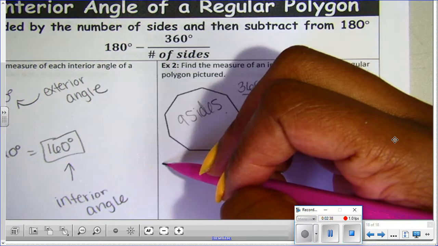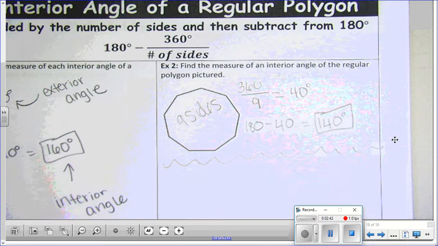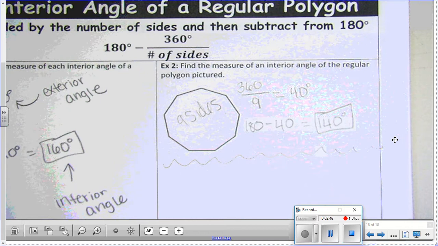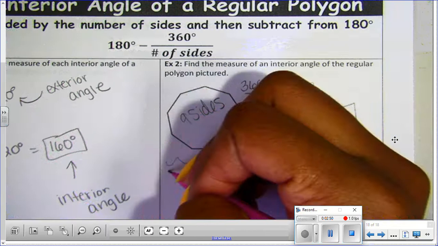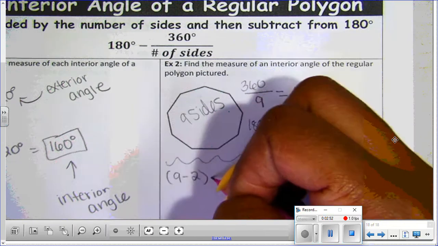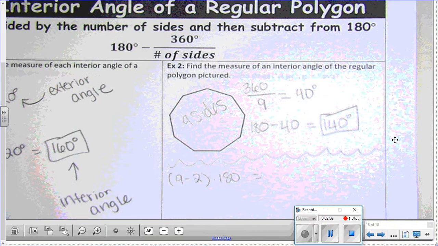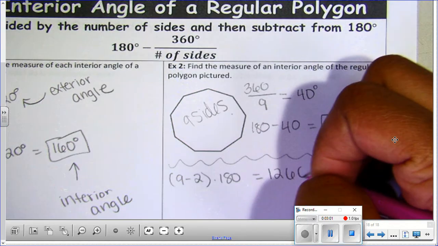Now I'm going to show you the other way to go about finding this. We can just figure out what the interior angles of a 9-sided figure have to add up to. Remember, we do that by (9 minus 2) times 180, and so we get 1260.